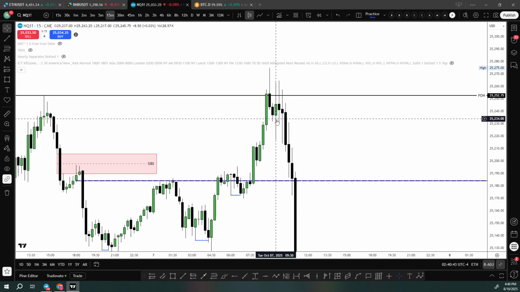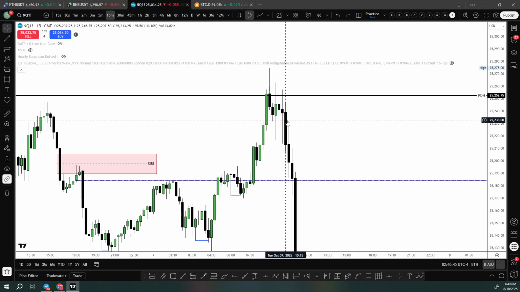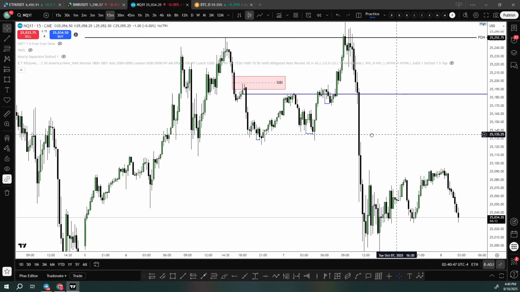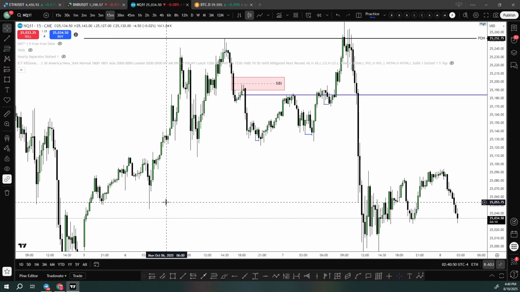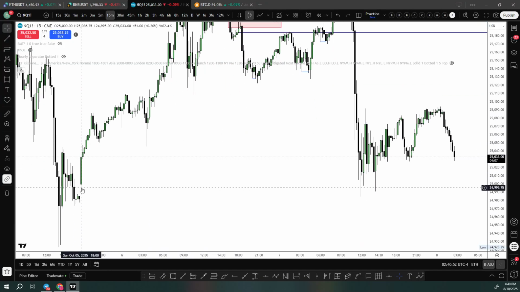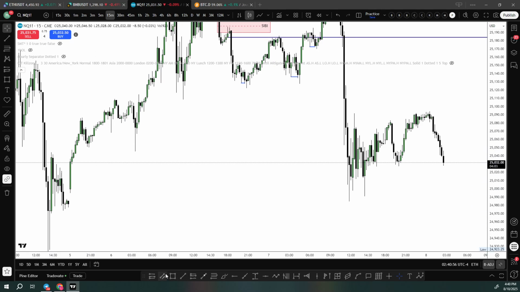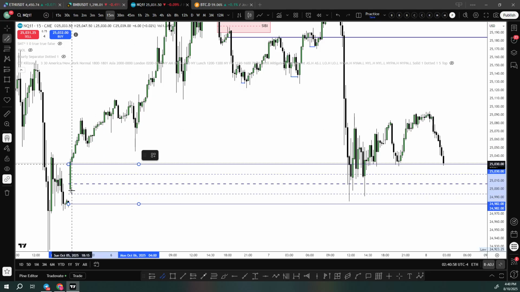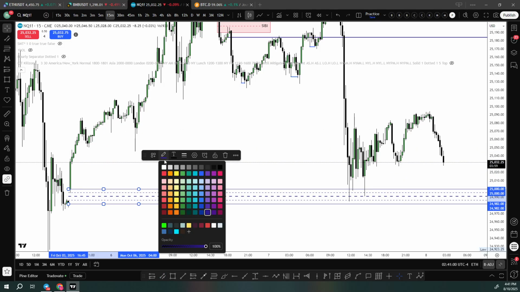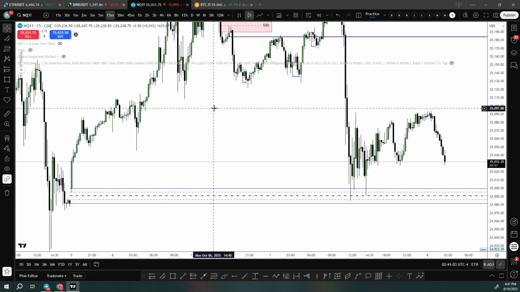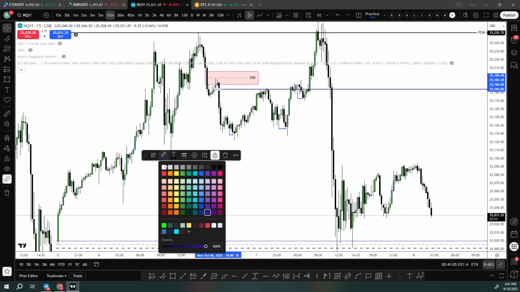We got the 9:30 open and then price expanded downwards to sweep out Monday's low, or rather Sunday's low here, and mitigate the new week opening gap. Let's make this one yellow.